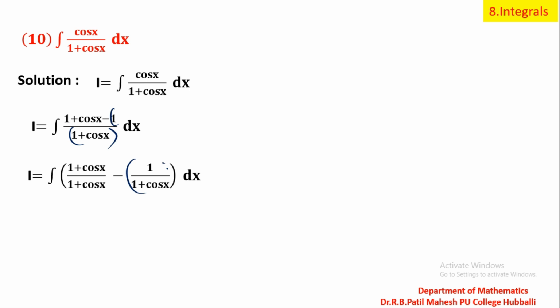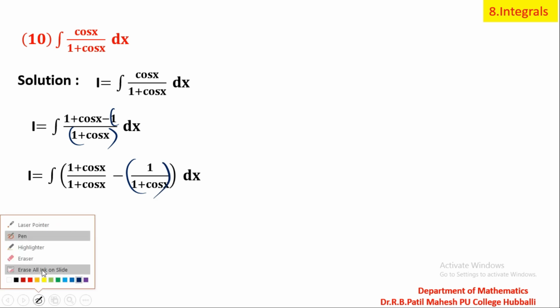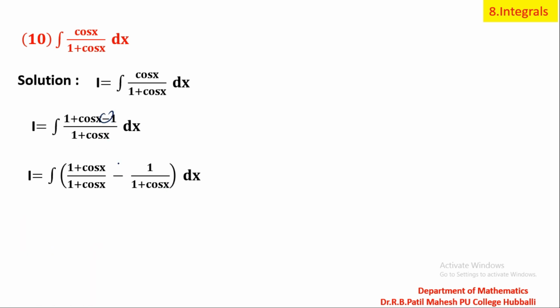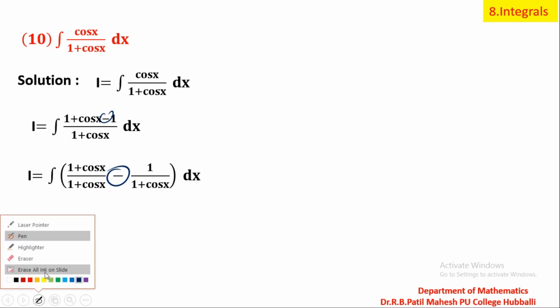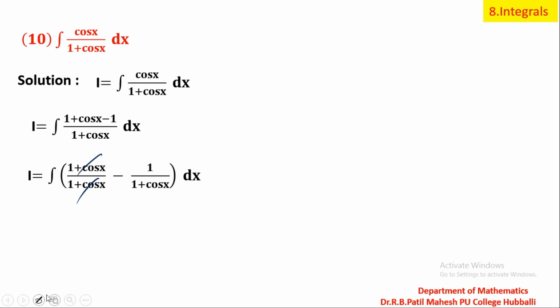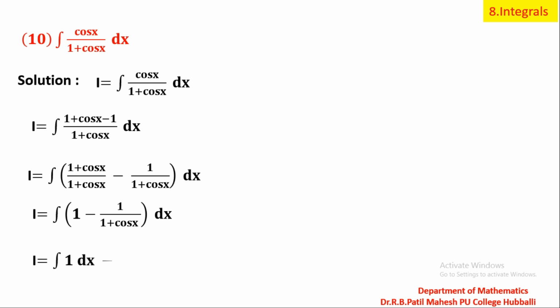Why am I doing this? I can easily cancel 1 plus cos x and 1 plus cos x, so that I get 1 in that place. So integration of 1 minus 1 upon 1 plus cos x. In the next step, integration of 1 minus integration of 1 upon 1 plus cos x.